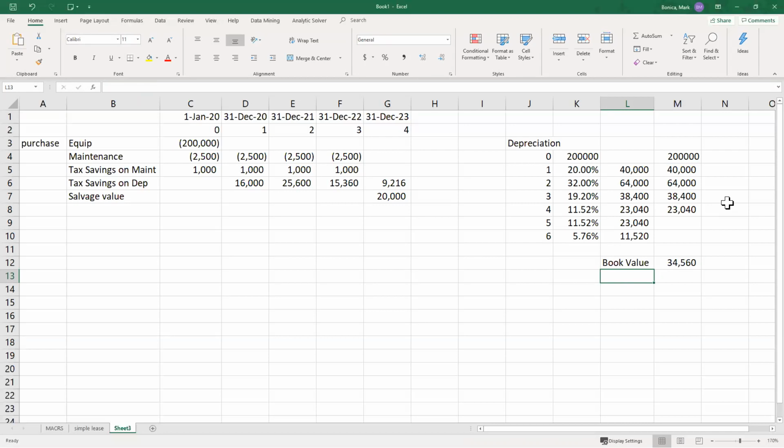So in this case, because the book value is greater than the sale value, we're selling it for 20. So our loss is 20 minus 34.56. So we have a loss of 14,560 according to the IRS, right?